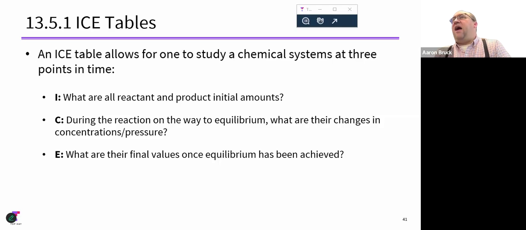Now, as far as the I is concerned, we will always know I. Because if we're setting up the equilibrium ourselves, we know exactly how much reactant to put in and exactly how much product to put in. So from that standpoint, we'll always know what I is.